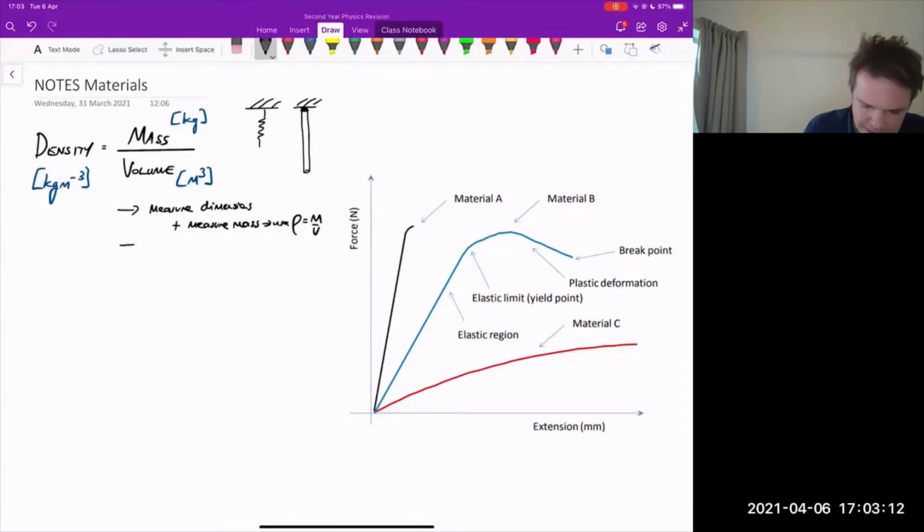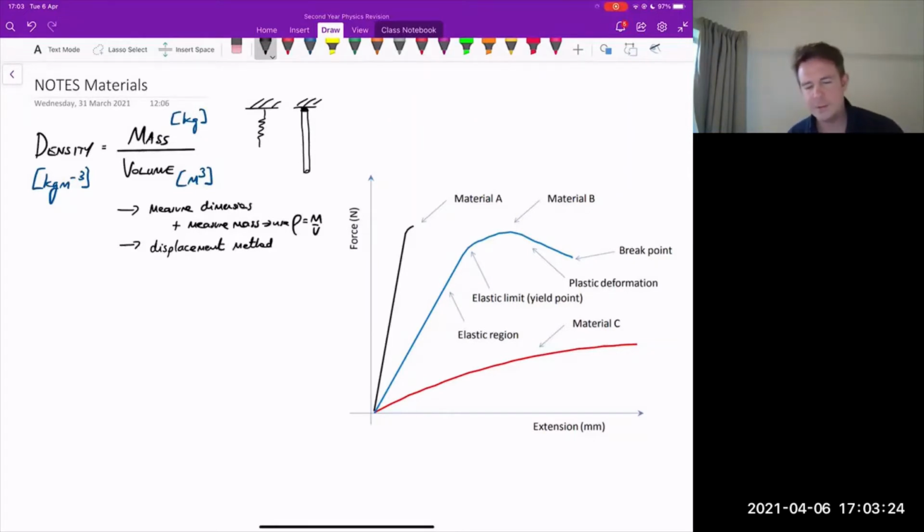The alternative, which is useful for irregular objects, is to use the displacement method of finding the volume. What you do is you submerge fully the sample you're interested in a liquid of known density, usually water, although actually it doesn't matter because what you're interested in is the volume displaced.